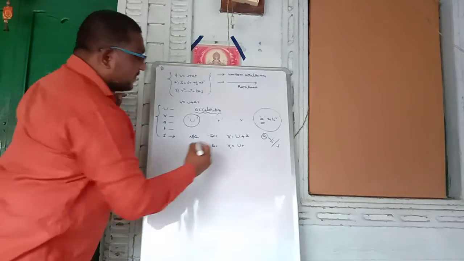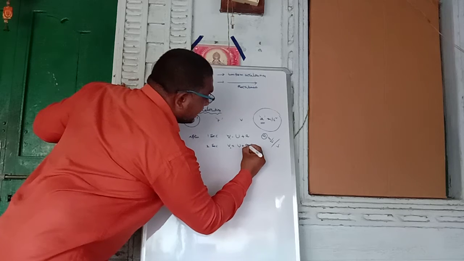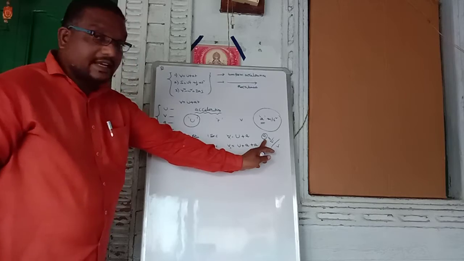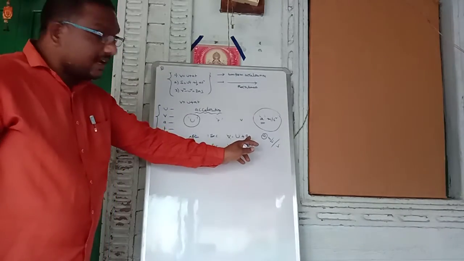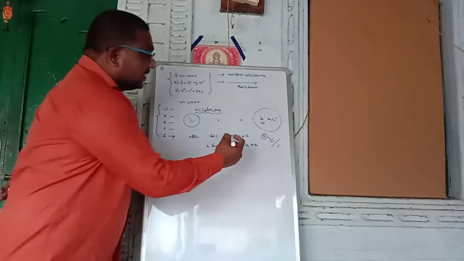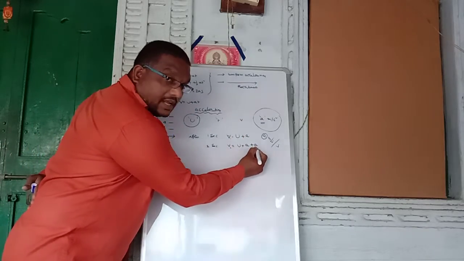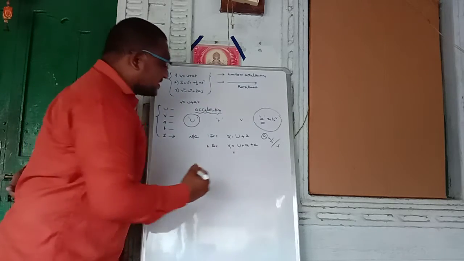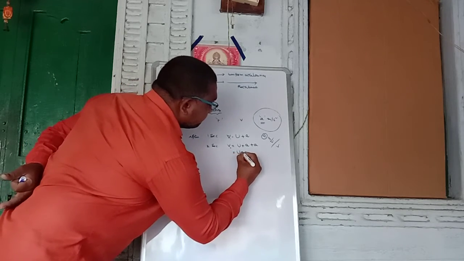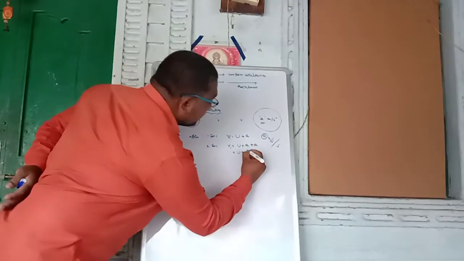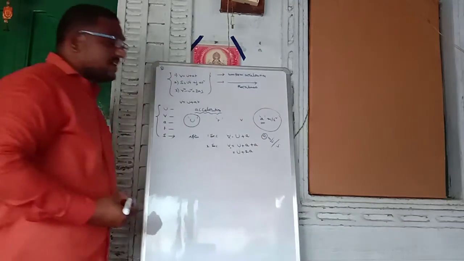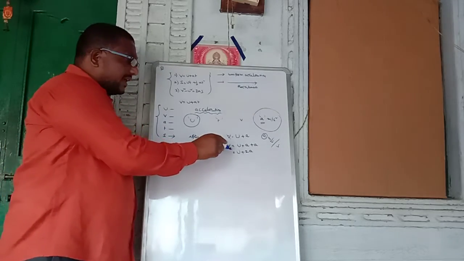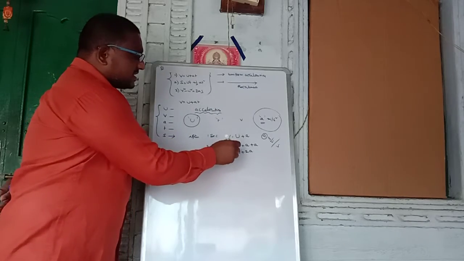V2 is equal to U plus another A. In the first second, A value increased. Now after 2 seconds, the velocity of the body increases by A again. So the final velocity of the body after 2 seconds is U plus A plus A. A plus A is equal to 2A. Therefore after 2 seconds, V2 is equal to U plus 2A.